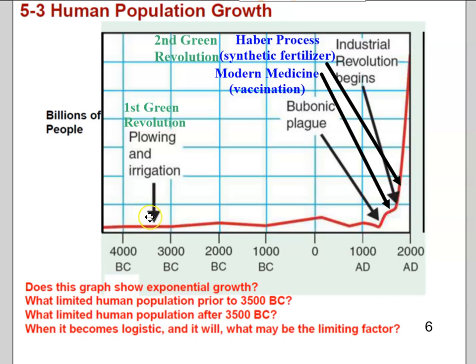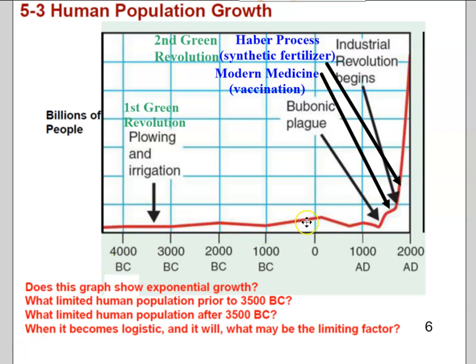After 3500 BC, we have the addition of the ability to grow food and cooperate and live in communities and so forth. But what still is keeping the human population relatively low is disease and warfare, for the most part.